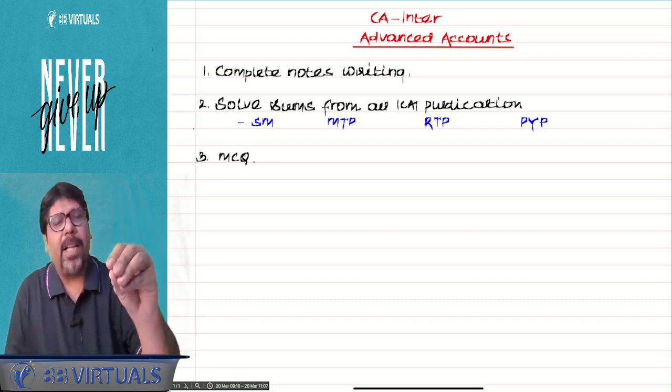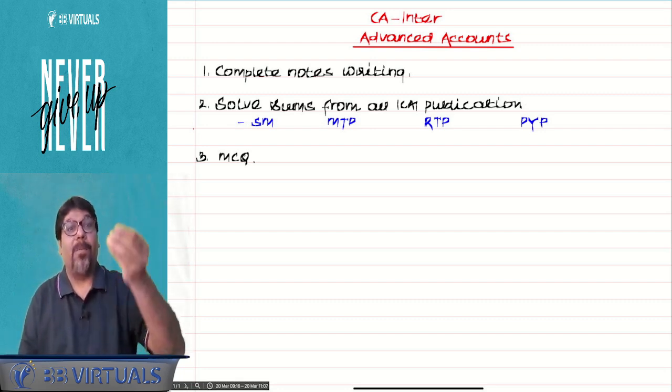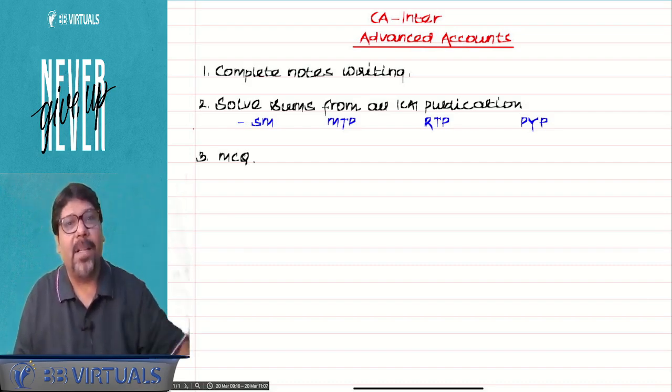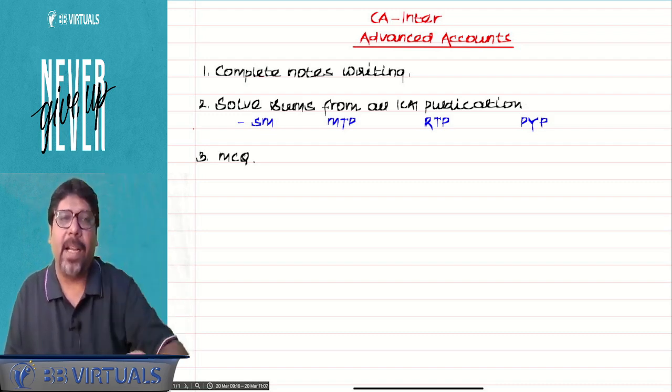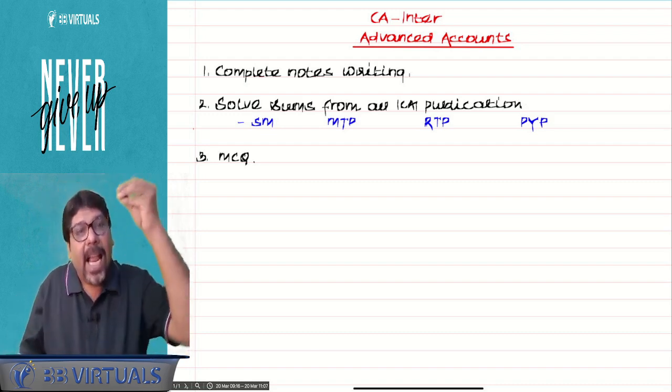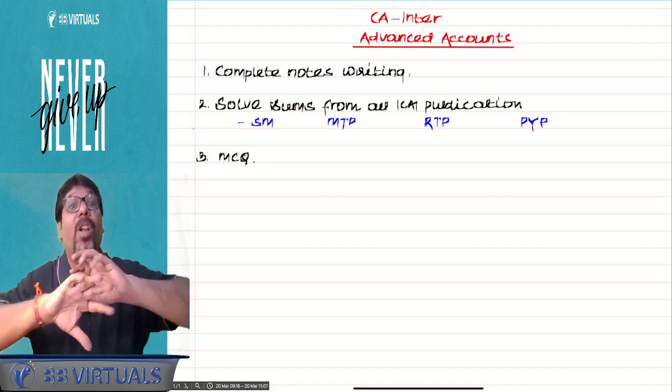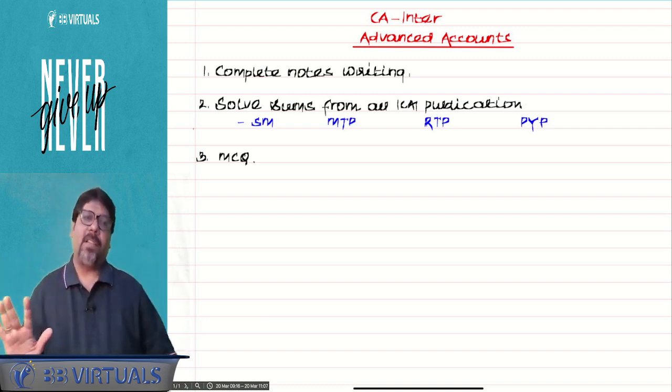So whatever you are writing, you should know why you are writing it: why it is an asset, why it is an expense, why it will come here, why it will be debited, why it will be credited, why you want to disclose. Any why answer, if you know it conceptually and logically, that is known as concept.